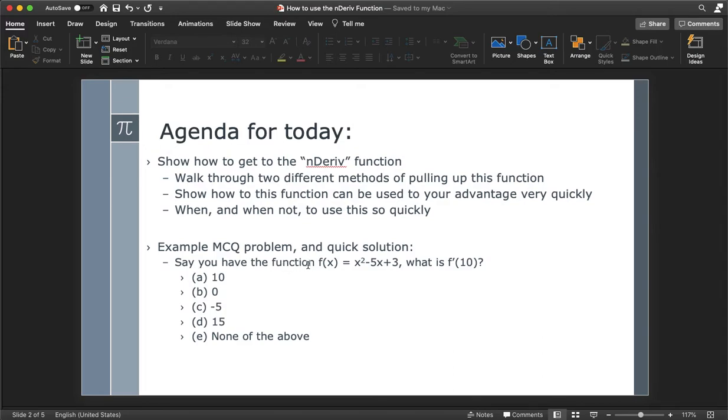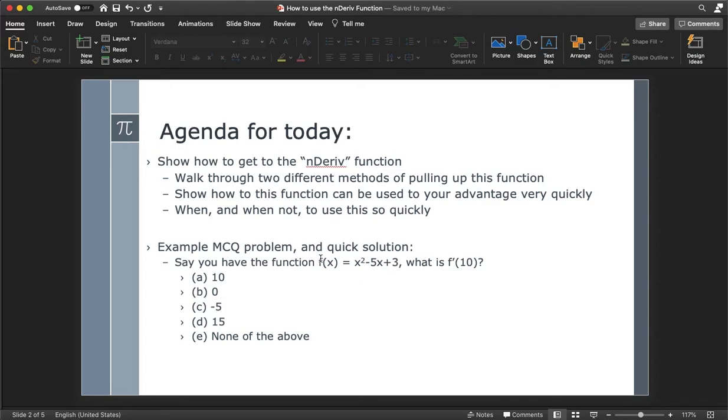Say you have the function f of x equals x squared minus 5x plus 3. What is f prime of 10, the derivative at x equal to 10? This is a type of problem where you could use the nDeriv function very quickly, instead of doing the power rule three times for this function, or just two times and counting the constant as a 0.